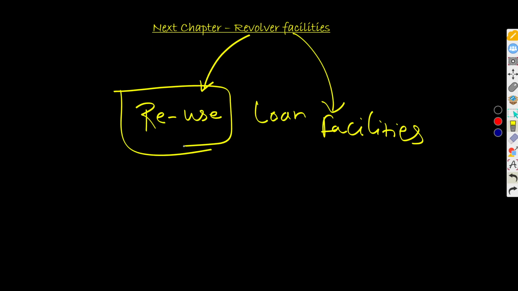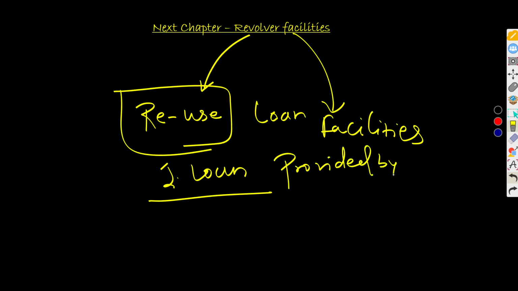For example, let's say you have a loan amount facility of 1 lakh rupees provided by HDFC Bank for, let's say, 2 years.